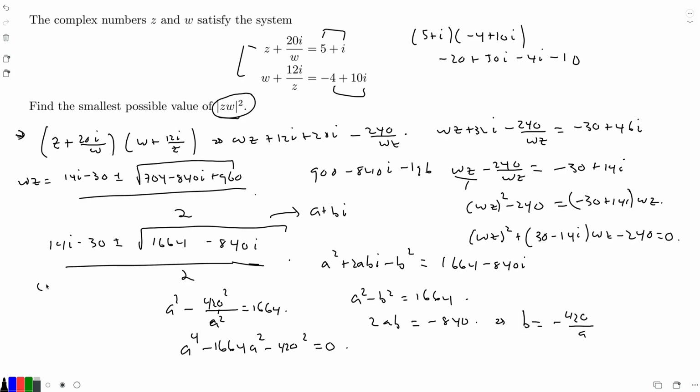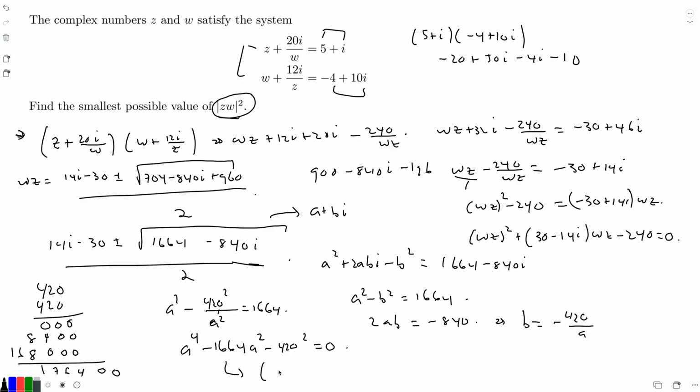So let's just calculate 420 squared. That gives us 176,400, and now we can immediately see how this factors.